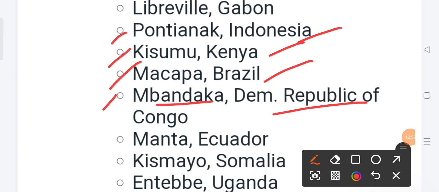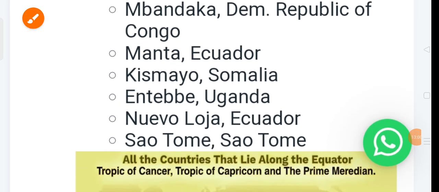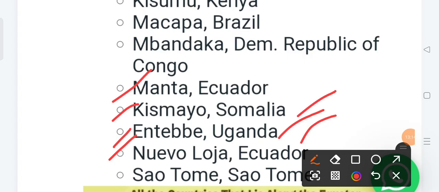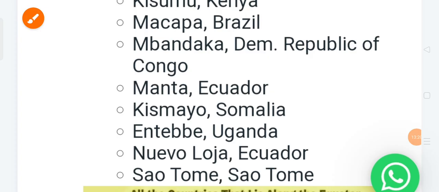In Ecuador there is also a city, it is Manta. In Somalia it is Kismayo. In Uganda Entebbe. In Ecuador Nueva Loja. In Timor-Leste it is Sao Tome. So these are cities which are very close to the equator.